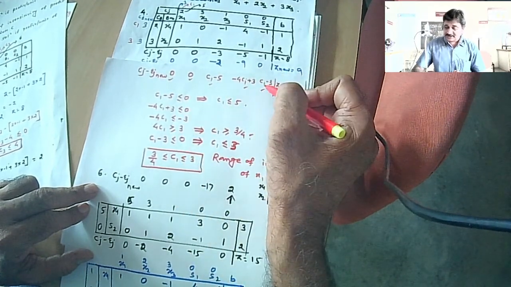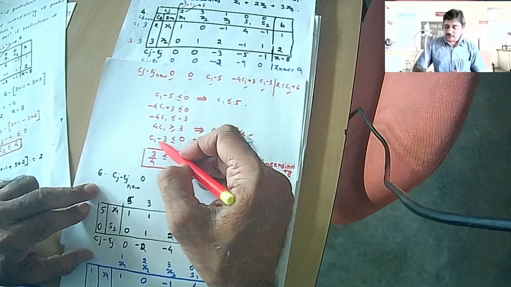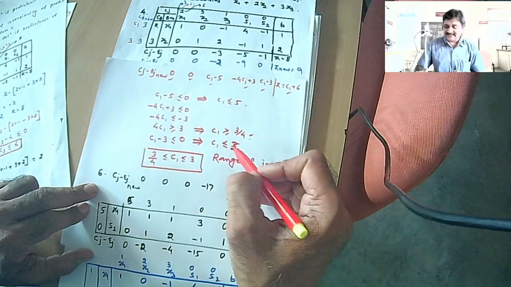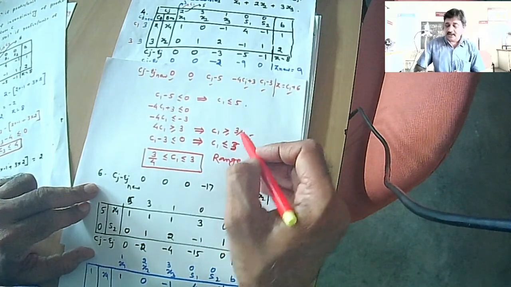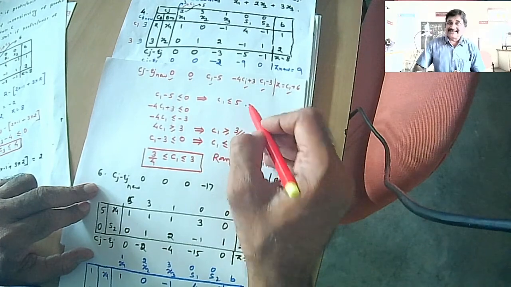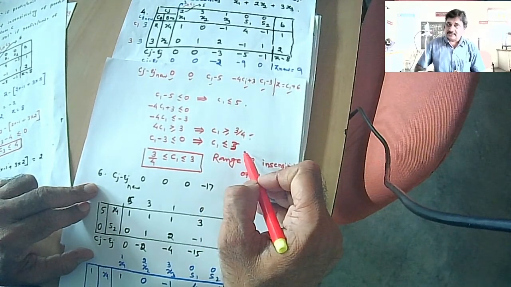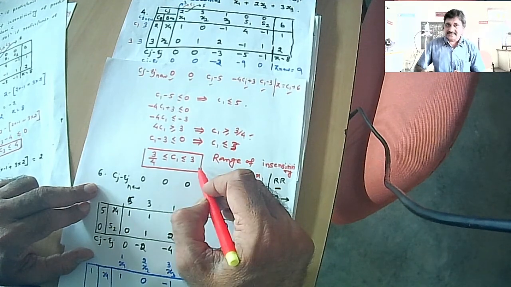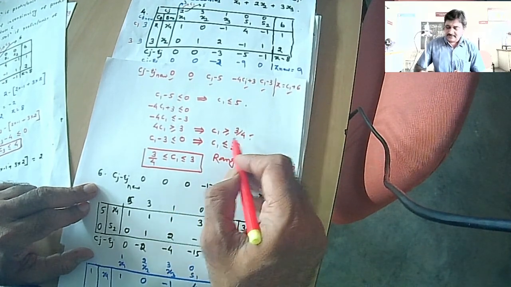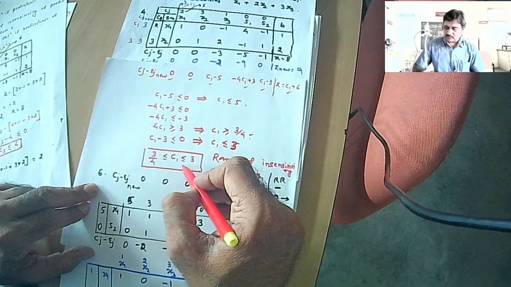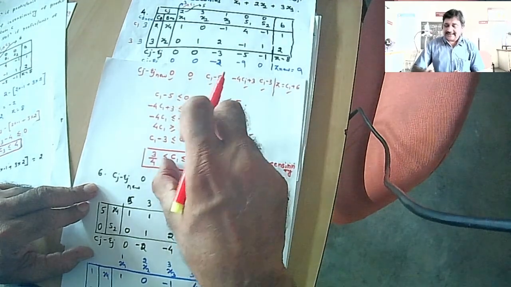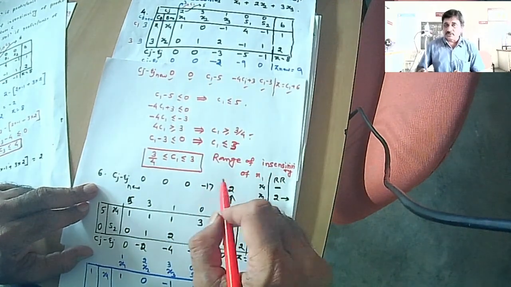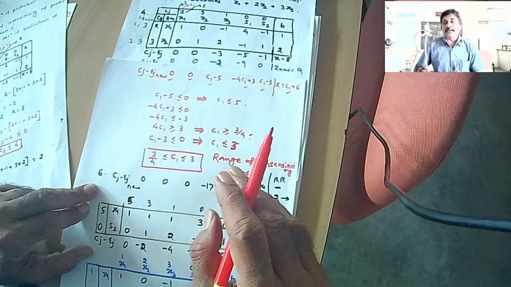And lastly, this C1 minus 3 also has to be less than equal to 0, meaning that C1 will be less than equal to 3. Now you have C1 less than equal to 5 and C1 less than equal to 3, which effectively means C1 will be less than equal to 3, and simultaneously it has to be greater than equal to 3 by 4. So the range of insensitivity comes out to be 3 by 4 to 3.